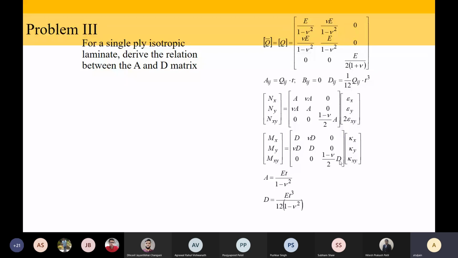I am getting this relationship. Aij is equal to Qij into T and Dij is 1 by 12 Qij into T cube. So Dij is equal to 1 by 12 Aij T cube.